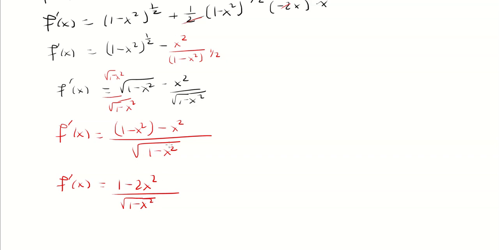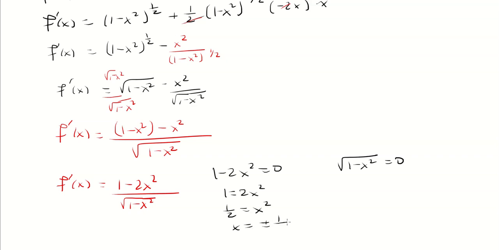So for the critical points, we want to look at when the derivative is equal to 0 or undefined. So basically, we're just going to set the numerator and denominator equal to 0. So for this one, we'll add the 2x squared, divide by 2, and then square root to get x is plus or minus 1 over root 2.